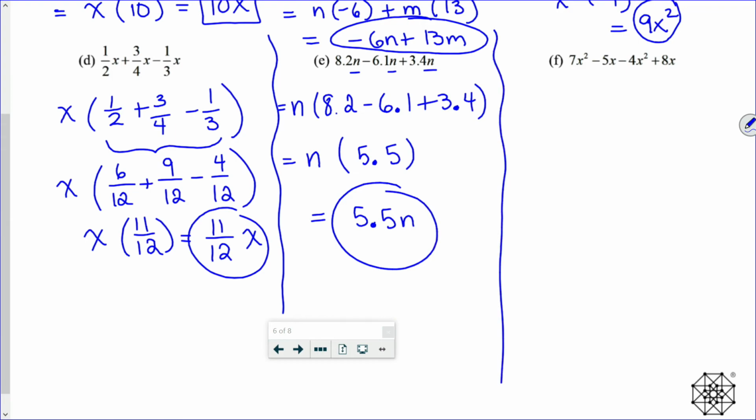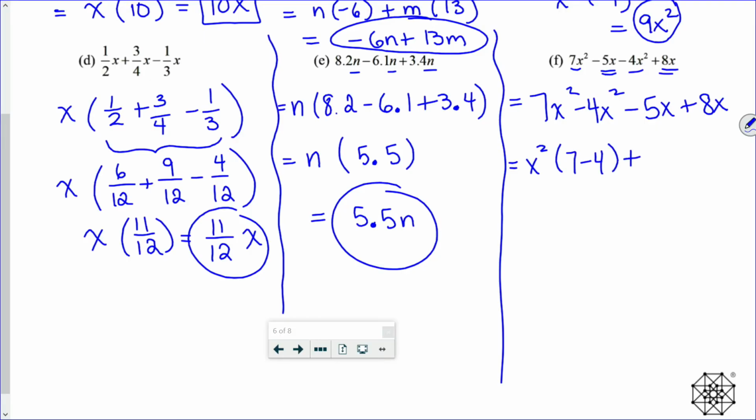And in the final problem, we have two types of like terms. We have like terms involving x squared, and then we have like terms involving just x to the first. I might rewrite these a little bit just to make sure those like terms are sitting next to each other. Again, in this situation, what I'm doing is using both associative and commutative properties of addition. Once I have it written that way, I could factor an x squared out of the first two terms, giving me 7 minus 4.